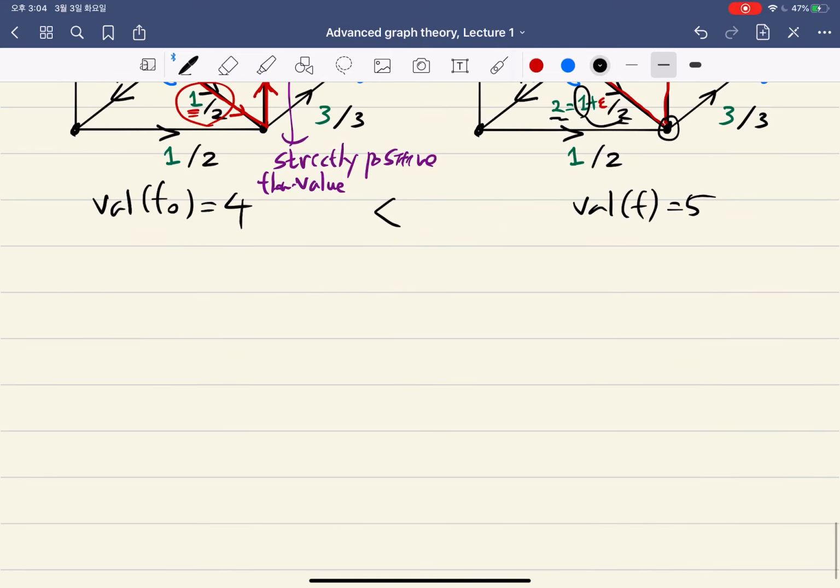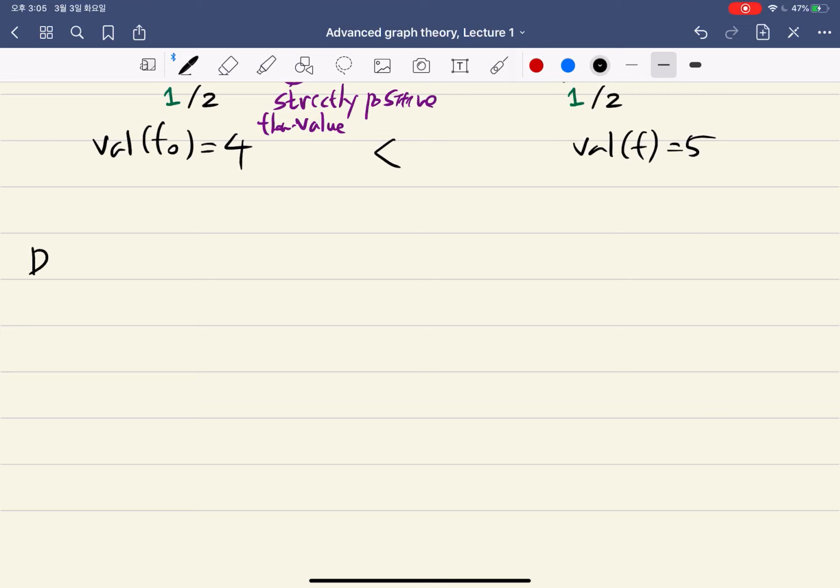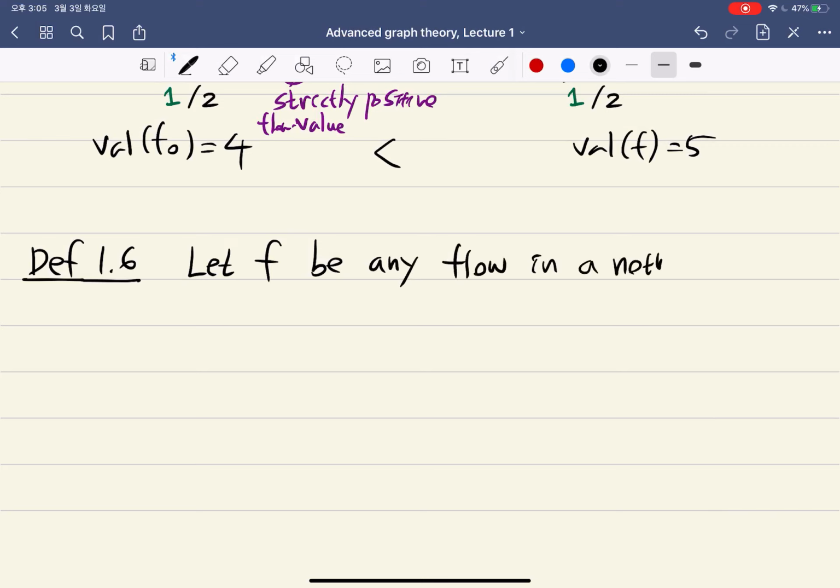So, to make this more formal or mathematical, let's define such a concept. Let F be a flow in a network G. Again, when we say flow, we only consider feasible flow.